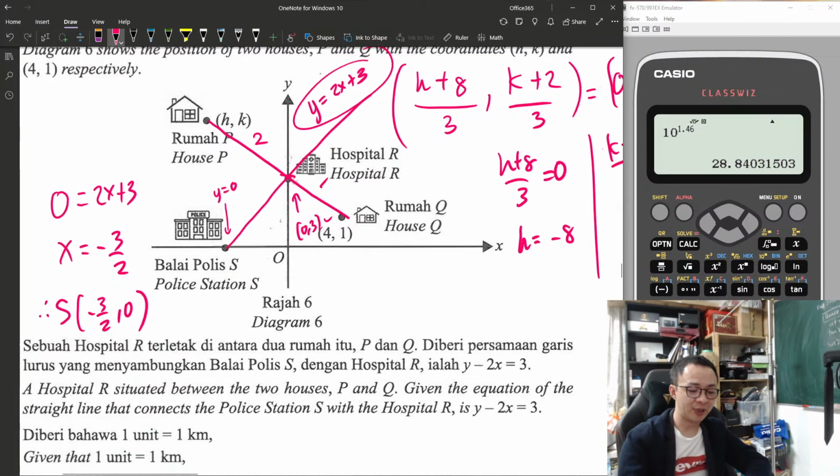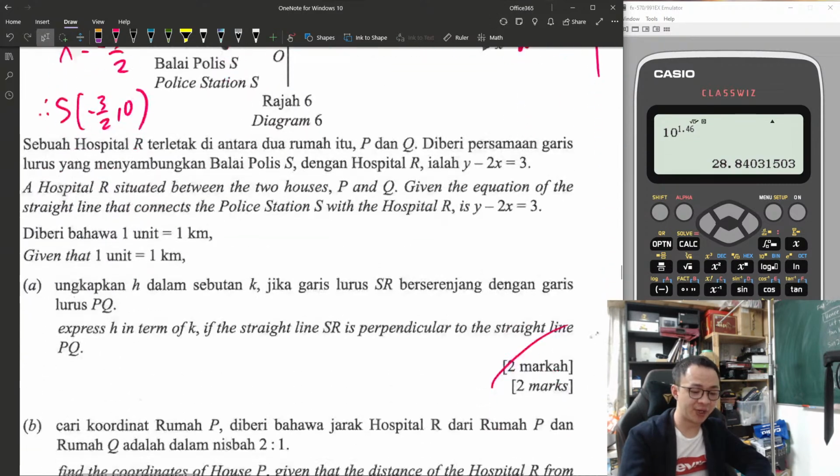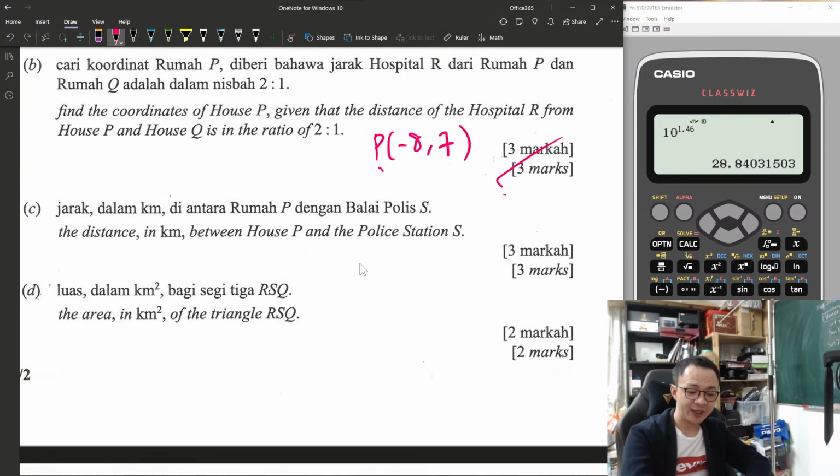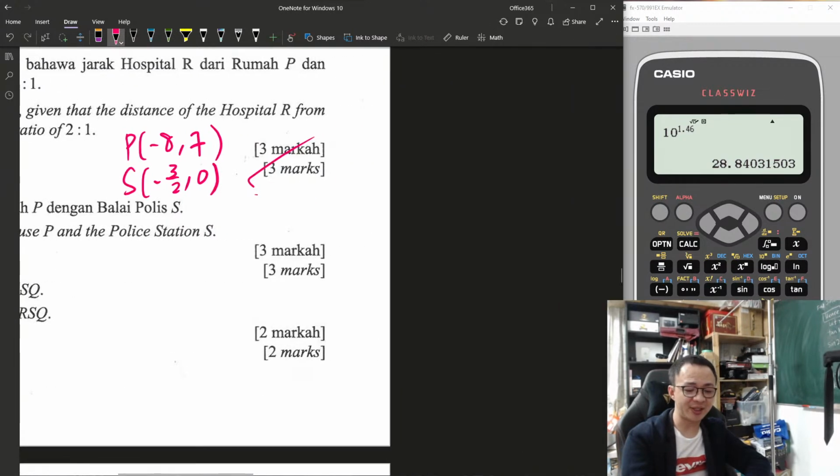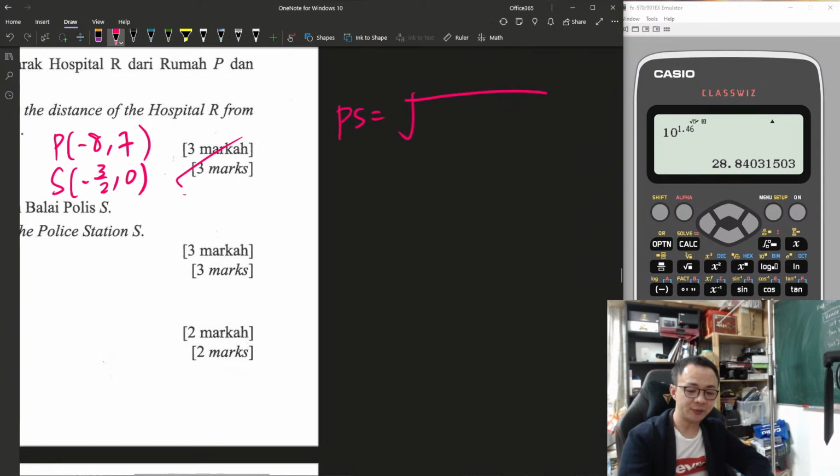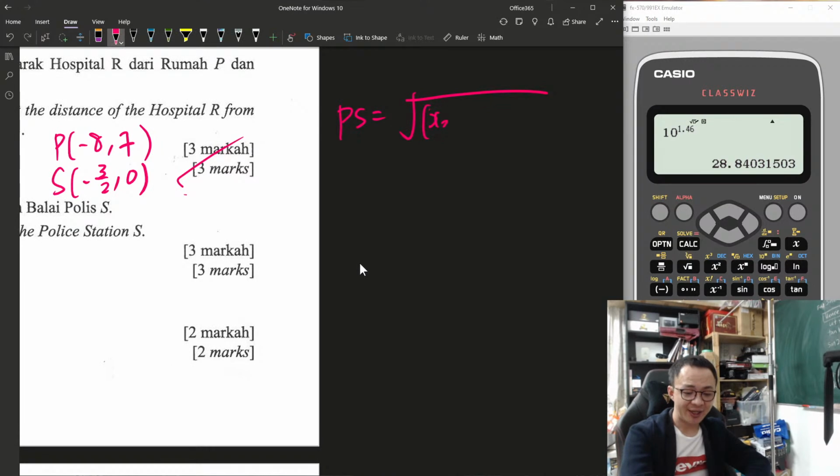Okay, and then I have the P also, right? S is (negative 3 over 2, 0). So I want to find the distance of PS. I just use the distance formula: square root of (x2 minus x1) squared plus (y2 minus y1) squared.